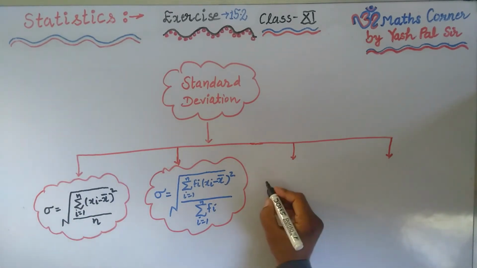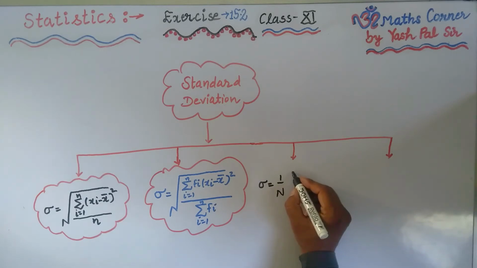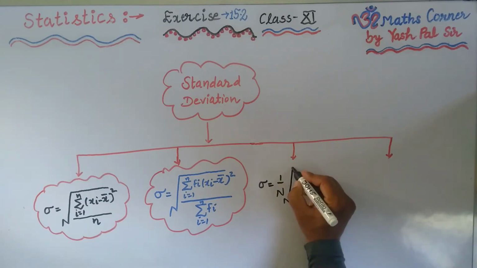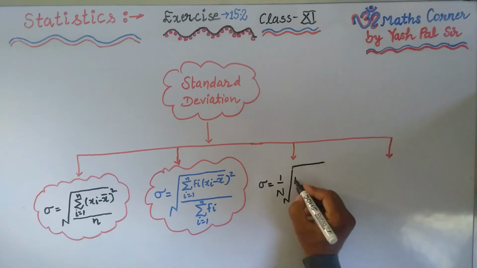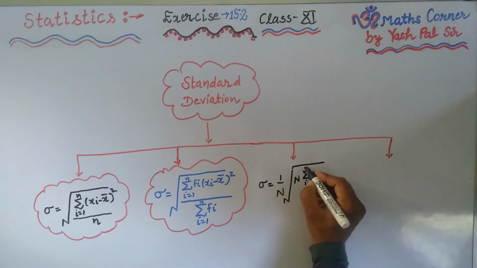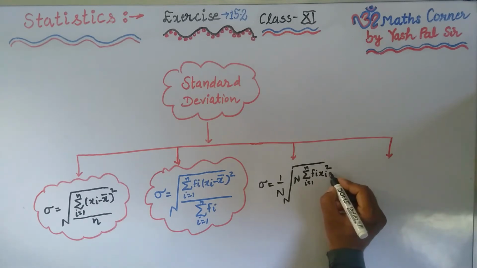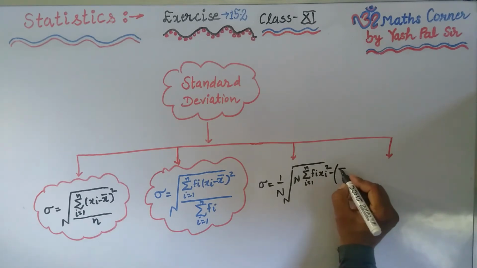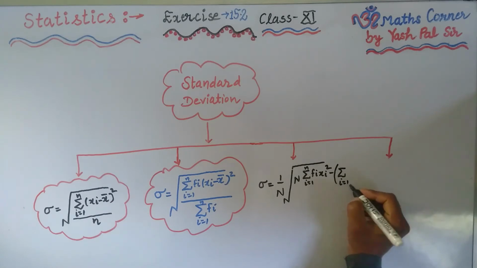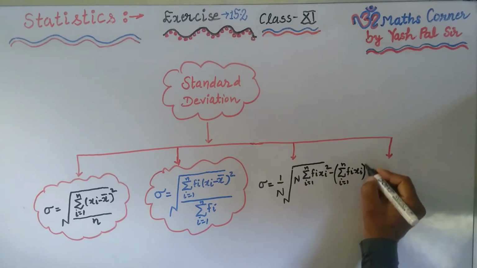One more formula we have for calculation of standard deviation. Standard deviation is equal to 1 upon n into square root of n into summation i equals 1 to n of fi xi square, minus the bracket summation i equals 1 to n of fi xi, its whole square.